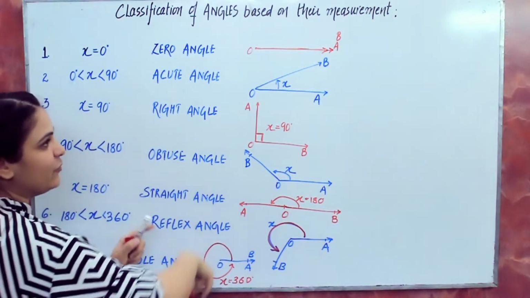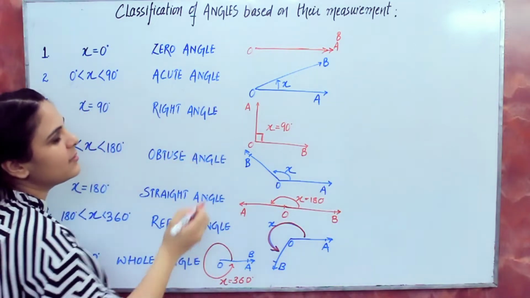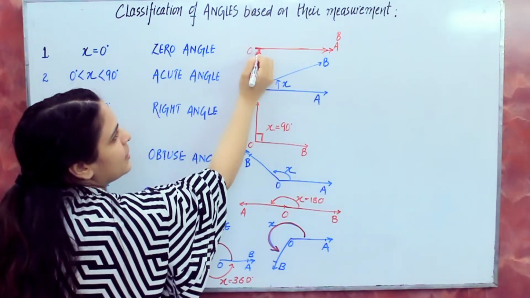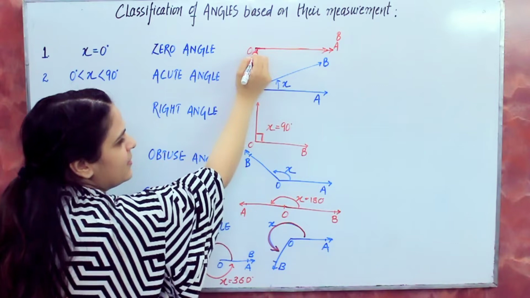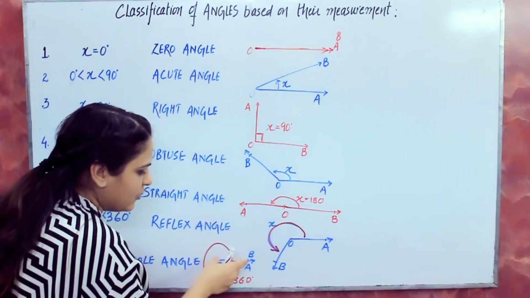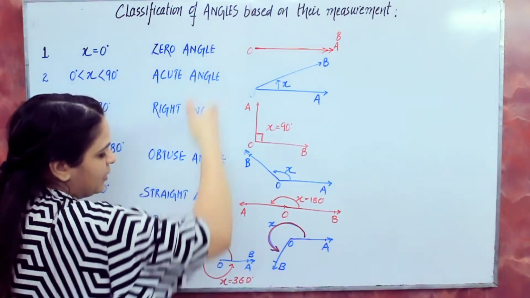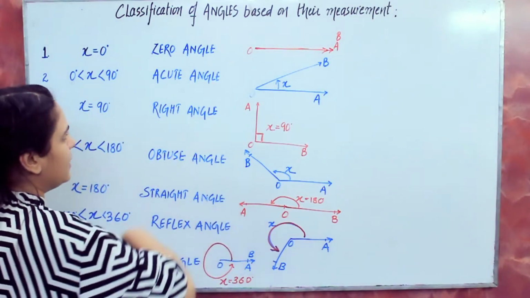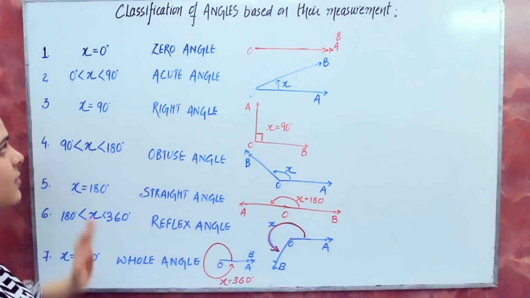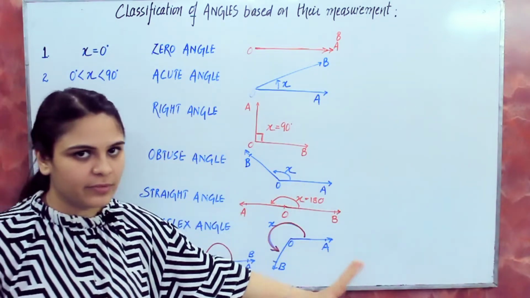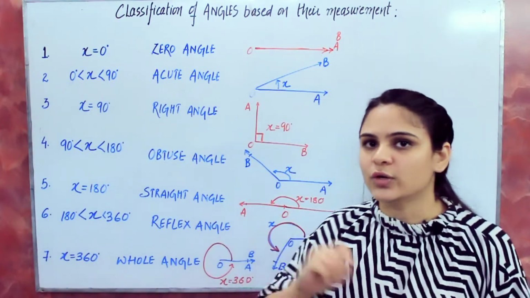The difference between these two diagrams is that here rotation has not even started, and in this case one of the rays has taken a complete round. So this is the difference between these two figures, and there are the 7 different types of angle on the basis of their measurement. So you can note it down.